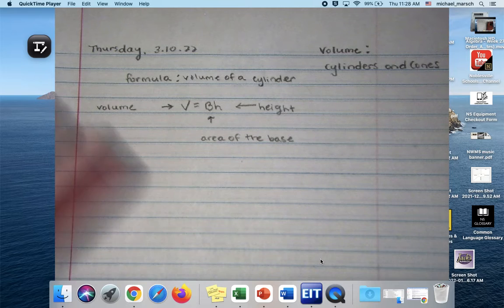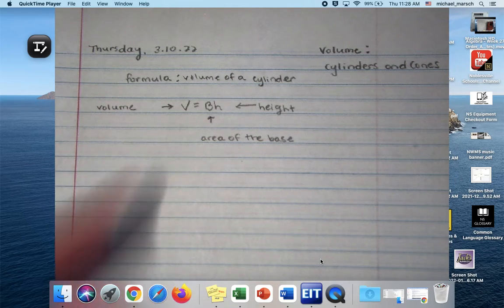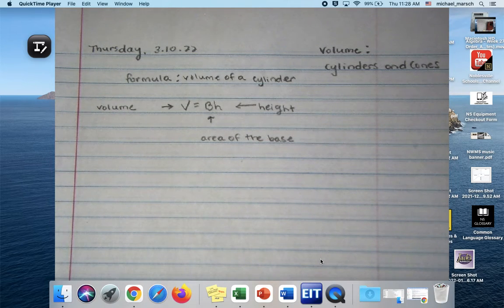We have volume. The reason it's a capital B is because it's not just talking about the base of something, it's talking about the area of the base. And then we have the height of the cylinder. Who can tell me what shape would be considered the base of a cylinder?